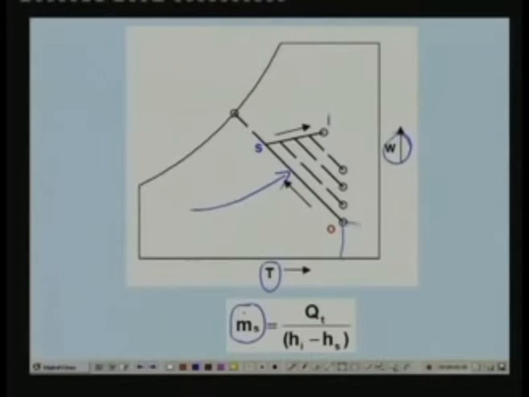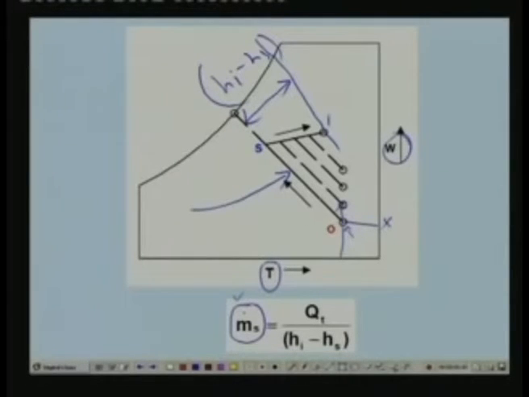Okay, let us say that this is your inlet condition, which is nothing but the condition of the outdoor air. Then Hi minus Hs is nothing but, if you draw a constant enthalpy line, this is your Hi minus Hs. So, you can see that the required mass flow rate is inversely proportional to this enthalpy difference. Now, if the temperature remains the same, let us say, and the humidity ratio increases to this point.